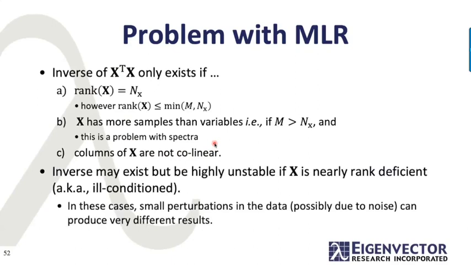You might get the instance too where you have an inverse that exists, but it's really unstable because X is nearly rank deficient. So that is that some variables in X are nearly linear combinations of others. We call this being ill-conditioned. In these cases, you can get small perturbations in the data that cause drastically different results, and that's generally undesirable.